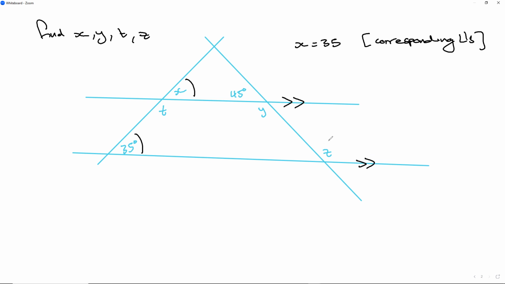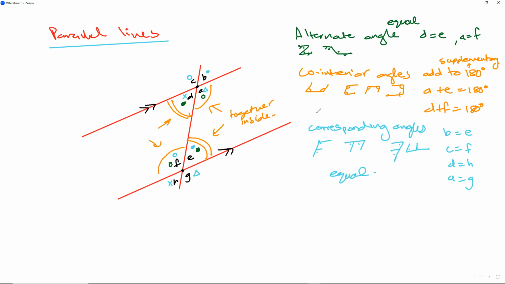So let's just state that they are parallel lines. And we normally state that in the reason. So if you're asked for a reason, make sure that you write down parallel lines every single time you have any of these. It's because of the parallel lines that the alternate angles, the co-interior angles, and the corresponding angles actually exist. Without the parallel lines, they do not.